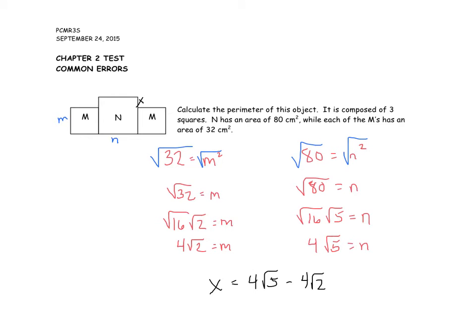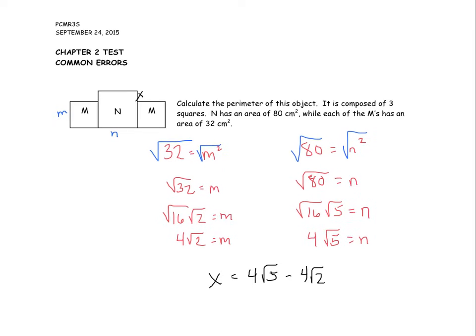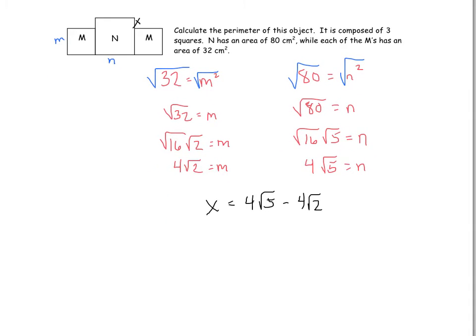Okay, so I have all the pieces I need to find the perimeter. Okay, so how many m's do we have? We have 6 m's. So the perimeter is going to be equal to 6 times m, which is 4 square root of 2. Again, m, 1, 2, 3, 4, 5, 6, plus 2 times n.